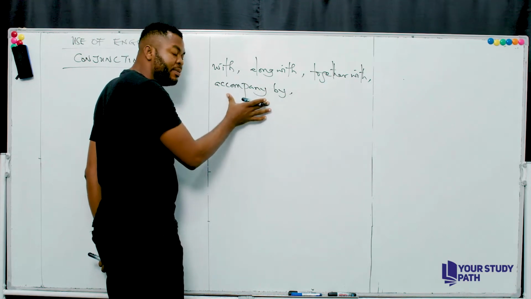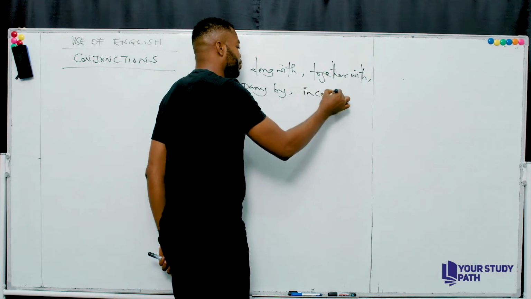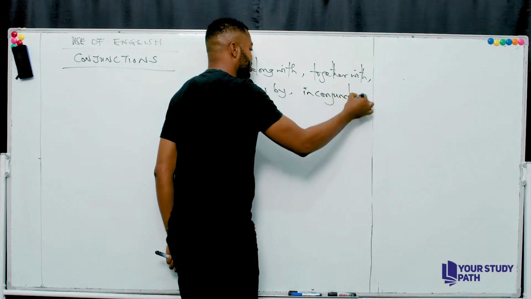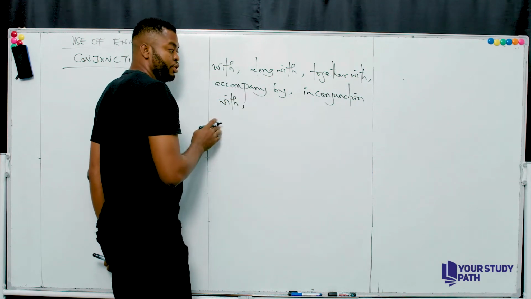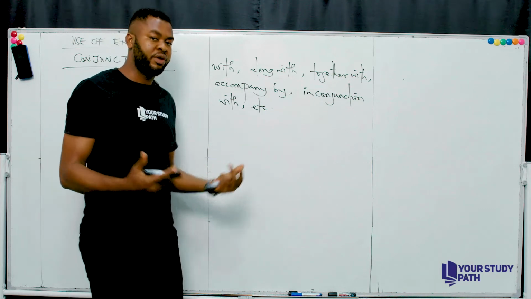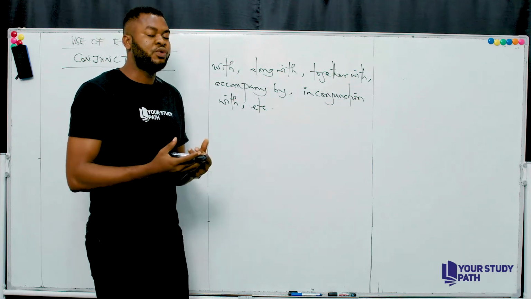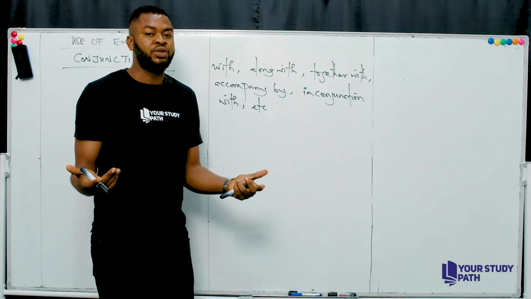So you have accompanied by. You can also have in conjunction with, and so on. So these are examples of words that help to join 2 subjects together in a sentence structure.